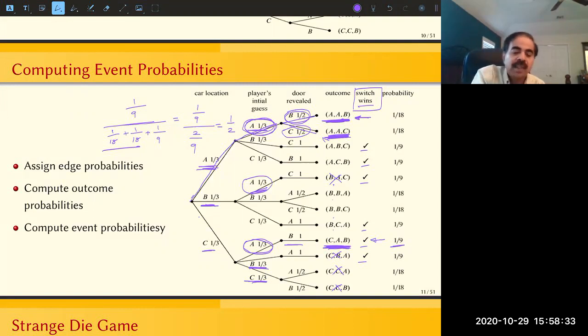So when door B is being opened, we are much more likely to be in this outcome than in this outcome. And that's why we have to say, hey, why did this happen? Maybe it's more likely that the car is behind door C.